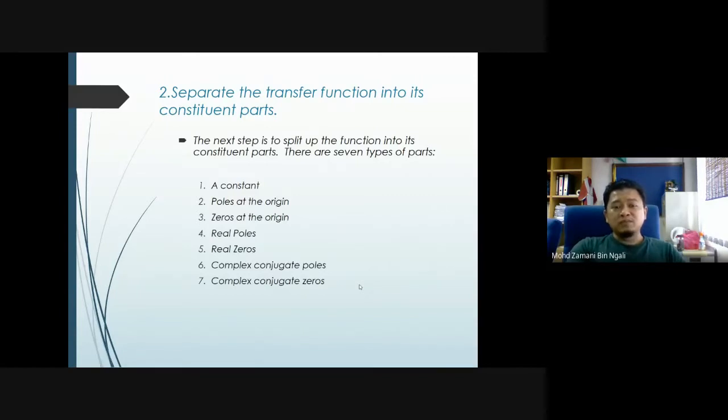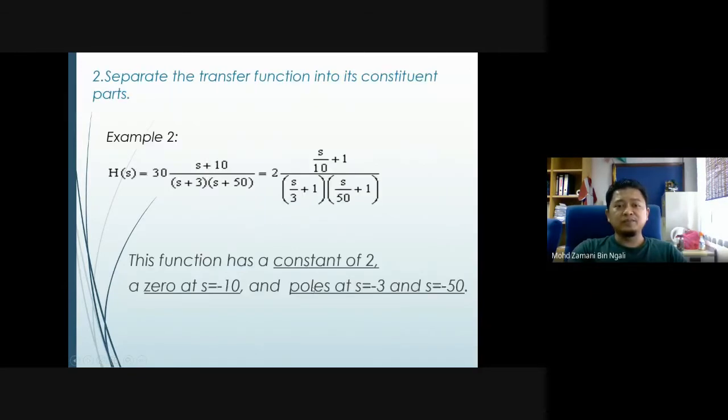The second step is to separate the transfer function into its constituent parts. The constituent parts will be any constant as one part, poles at the origin as another part, zeros at the origin as another part, until number 7, complex conjugate zeros. So this is one example.